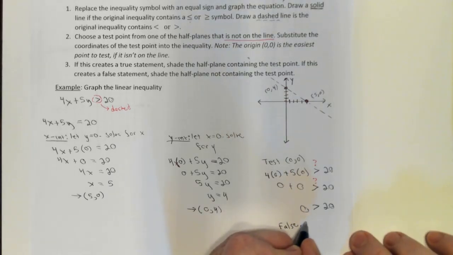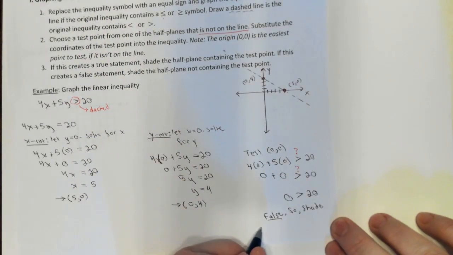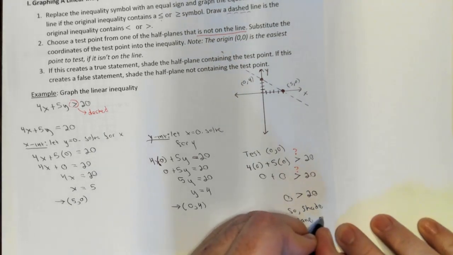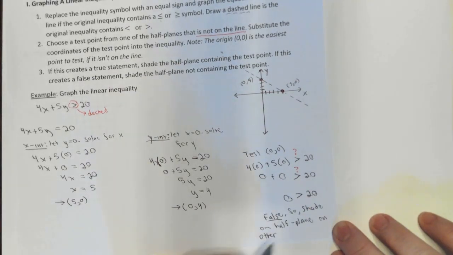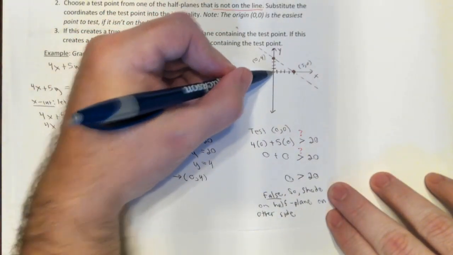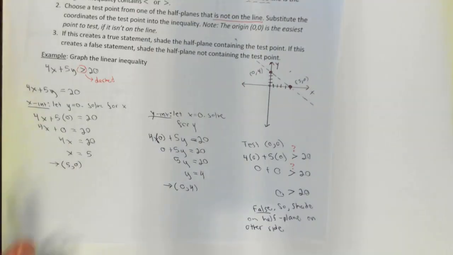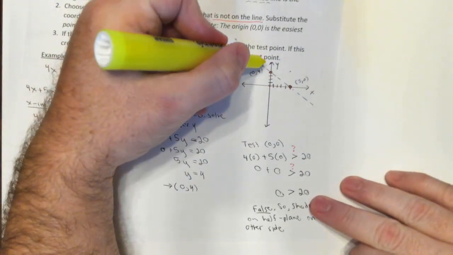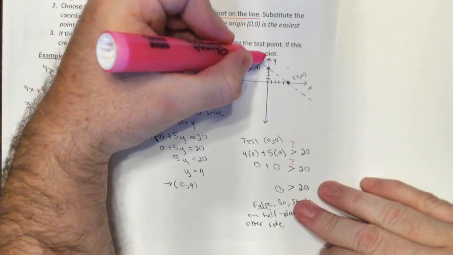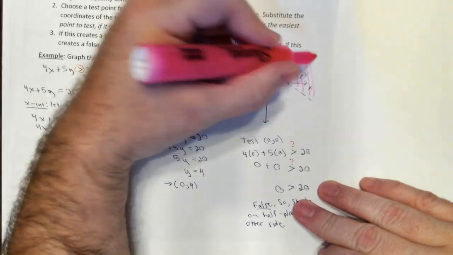So if it's false, shade the half plane on the other side, away from (0, 0). I tested (0, 0), and (0, 0) makes it false. So I'm not going to shade here, I'm going to shade up here. And the way you could shade, generally, that doesn't show it very well. Sometimes you can use a pencil and just shade in one direction like that if you want.